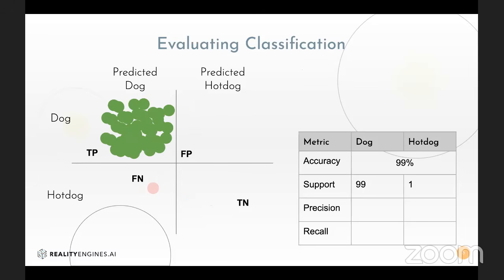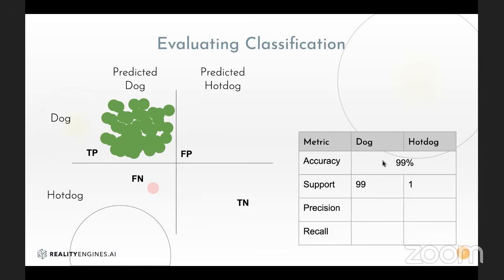But here's a case where it's important to understand what support is because it relates to accuracy. Suppose our model predicted dog all of the time. So it wasn't really a smart model. No matter what picture it got, it would just predict dog. And suppose this is the composition of our test data. In this case, we have 99 points that are dog and 1 point that's hot dog.